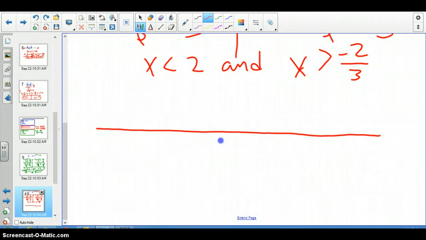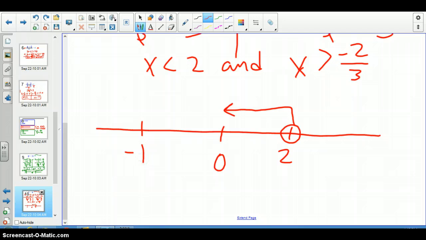Remember, and inequalities go towards each other. So when we graph them, here's my starting point of 0. 2 is over here. x is less than 2, so it's an open circle going to the left. x is greater than negative 2/3. Well, here, let's say negative 1 is over here, so negative 2/3 would be somewhere right around here. And we want greater, so it's going to the right. So our solutions work there.